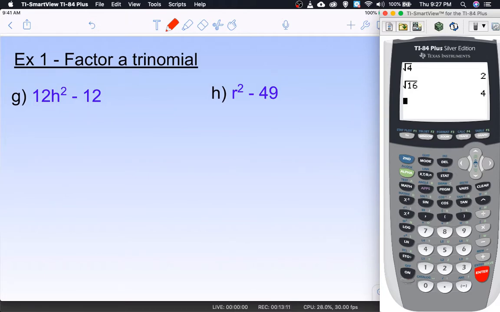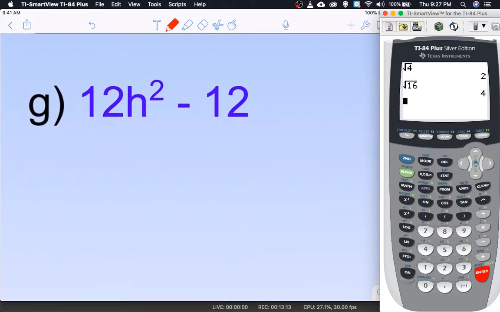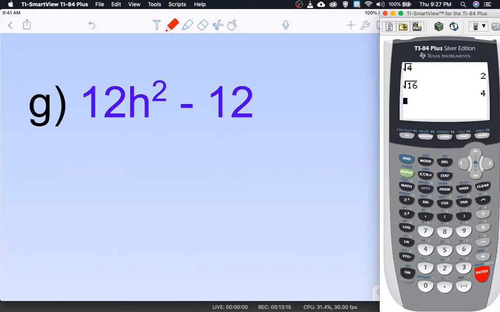All right. So depending on how you divided, depending on what you factored out, this could have been a little easier, a little harder. Since these numbers are both 12s, I'd like to make them perfect squares. So I'm thinking, if I factor out a 3, I would get 4h squared minus 4.